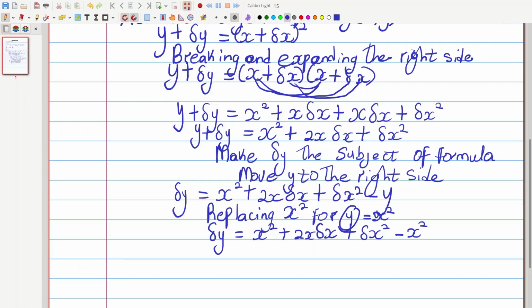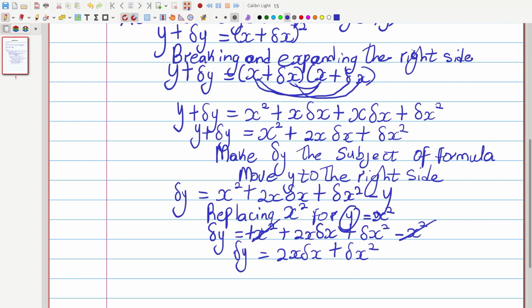Now if you notice, this is x squared, so positive will cancel negative, and it remains 2x delta x plus delta x squared.